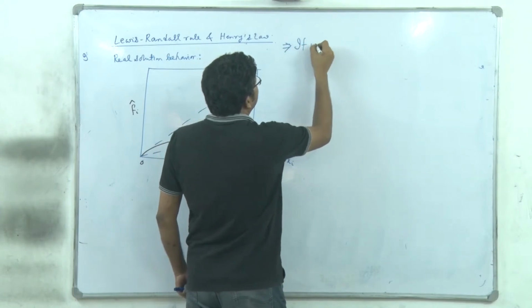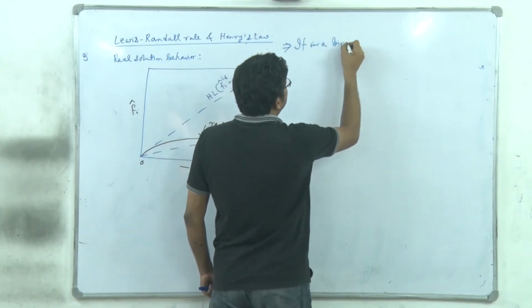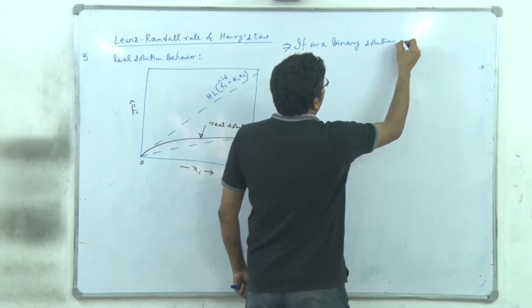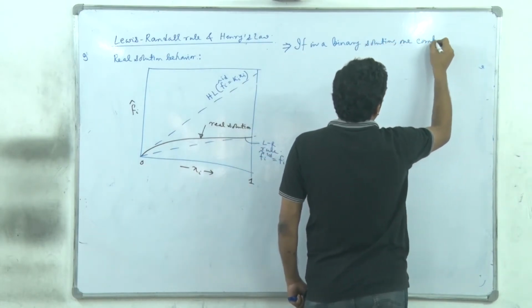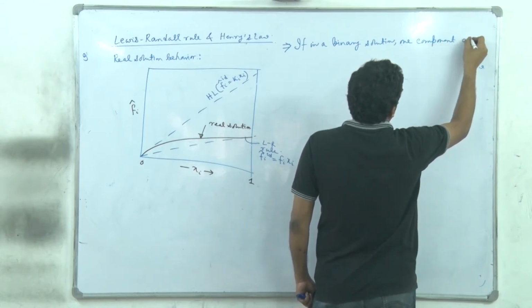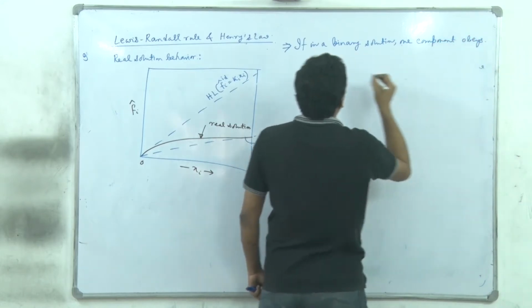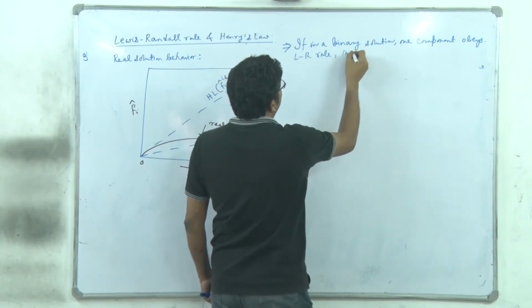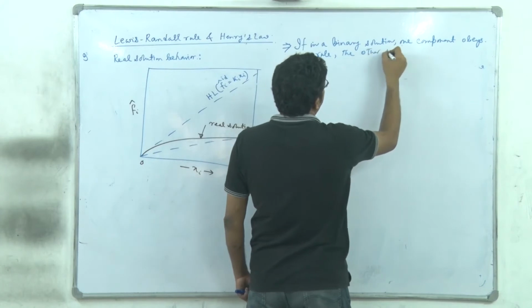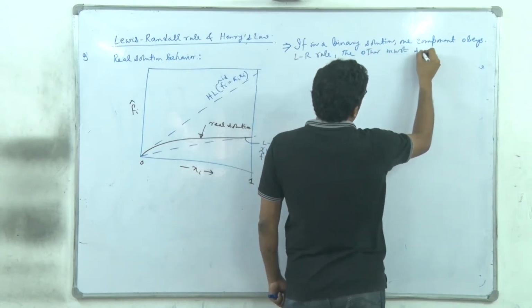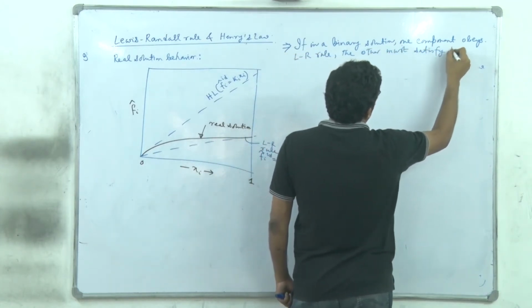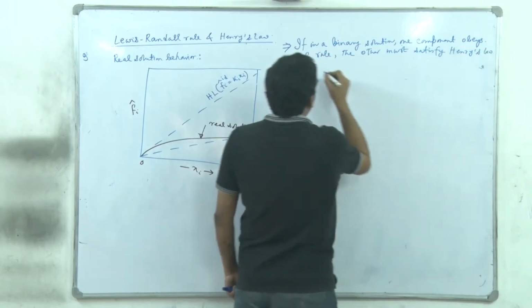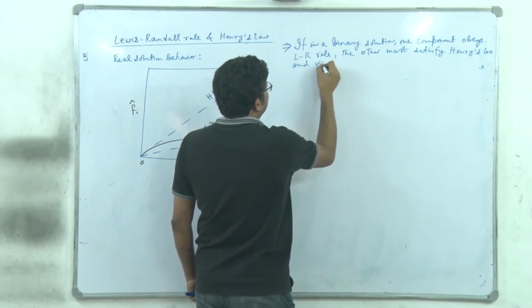If in a binary solution one component obeys the Lewis-Randall rule, the other must satisfy Henry's law, and vice versa, of course.